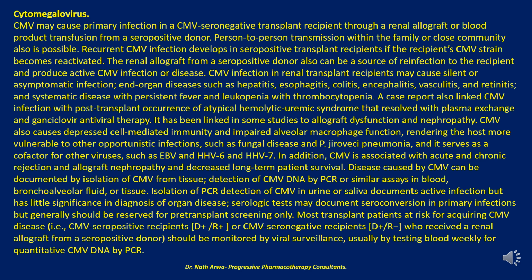Most transplant patients at risk for acquiring CMV disease, i.e., CMV seropositive recipients, D+, R+, or CMV seronegative recipients, D+, R-, who received a renal allograft from a seropositive donor, should be monitored by viral surveillance, usually by testing blood weekly for quantitative CMV DNA by PCR.